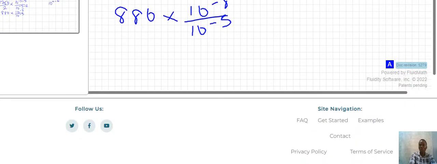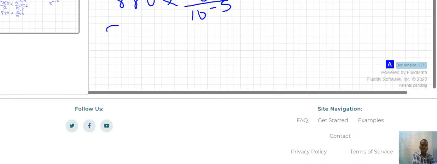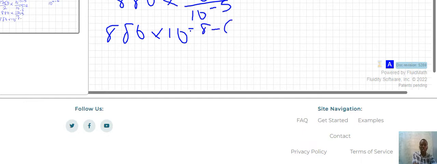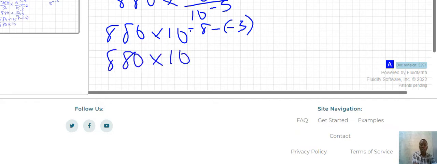If we use that here, we are going to have our 880 times 10 raised to power minus 8 minus bracket minus 5. If you do that, we'll have our 880 times 10 raised to power minus times minus will give us plus, right? This is minus 8. Minus times minus will give us plus.